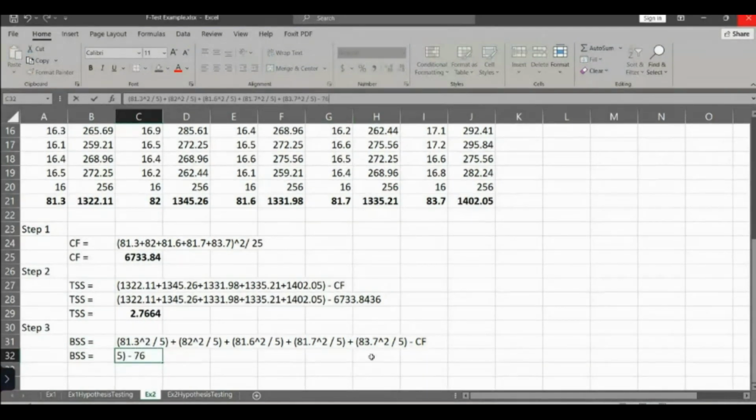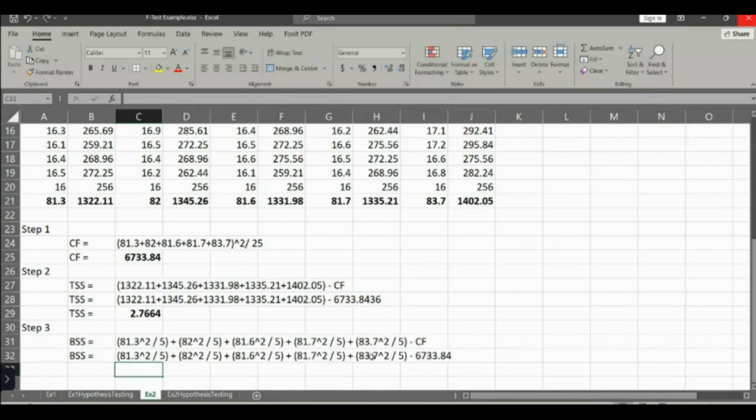Calculator. 6733.8436. What would be our between sum of squares? 0.7224.